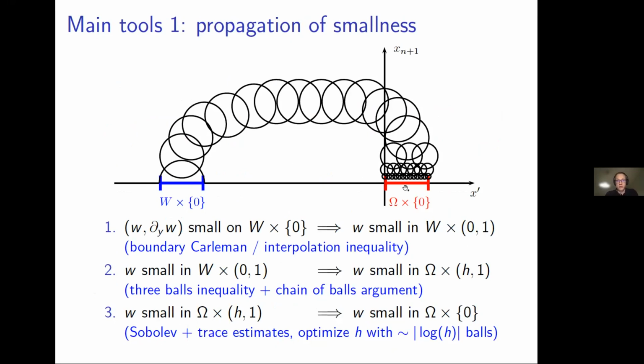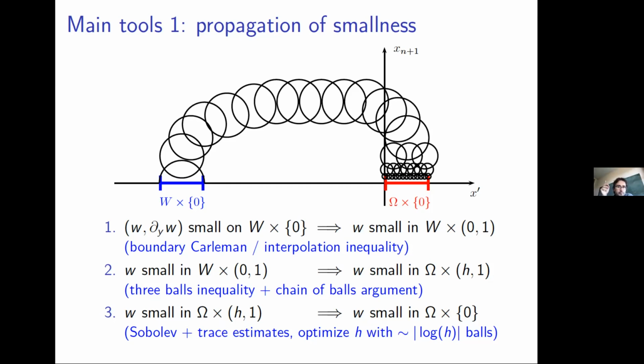So the stability, for any fixed s between 0 and 1, is only logarithmic. I actually don't know how the constants behave when s goes to 1, but it's still going to be logarithmic.